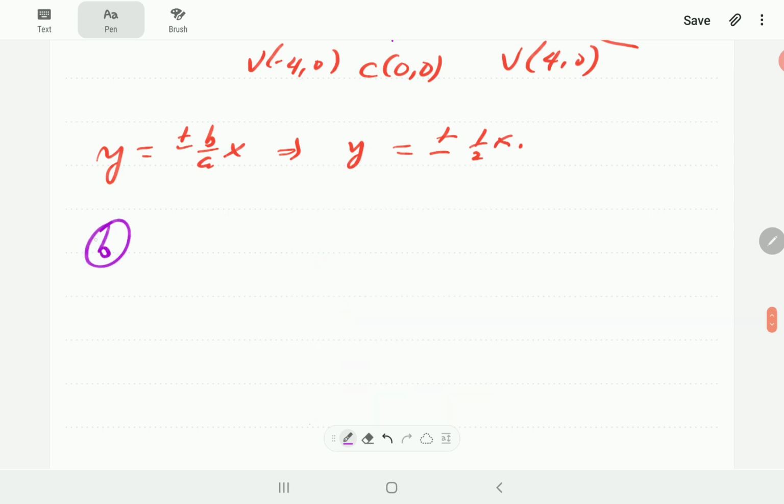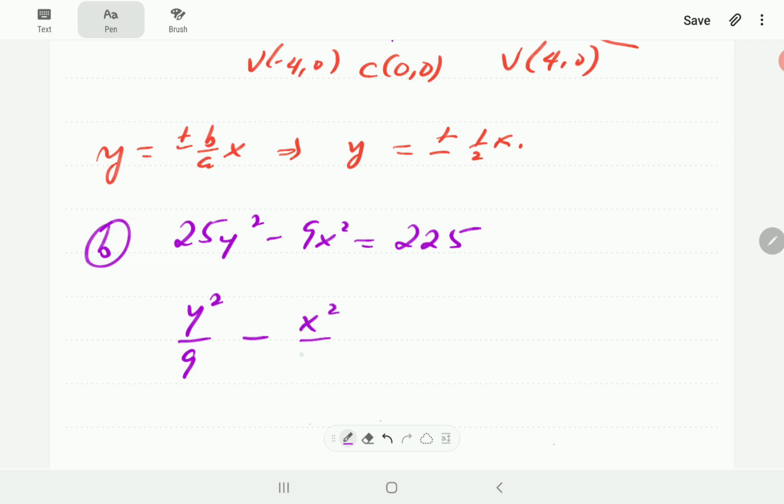In part b, we have 25y squared minus 9x squared is 225. To cast this in standard form, we divide both sides by 225. So this is going to be y squared over 9 and x squared over 25, assuming that 9 times 25 is 225.